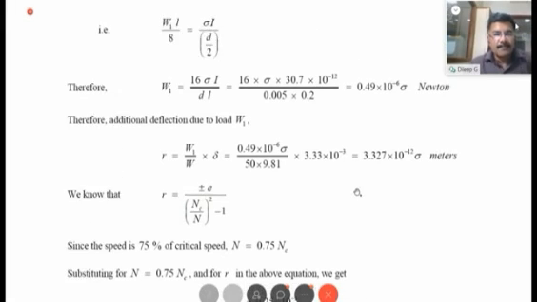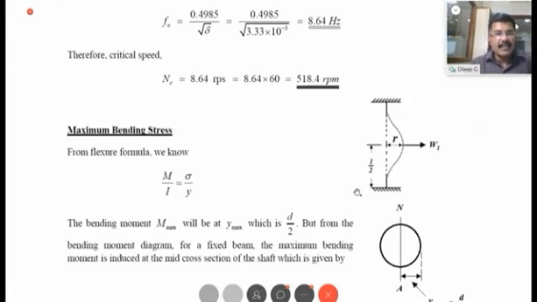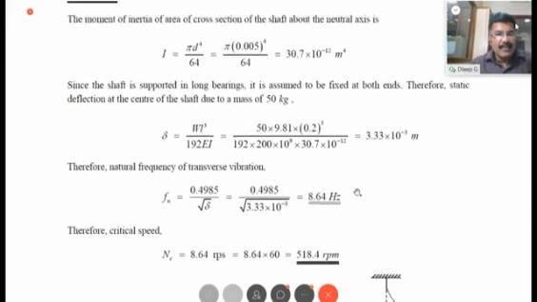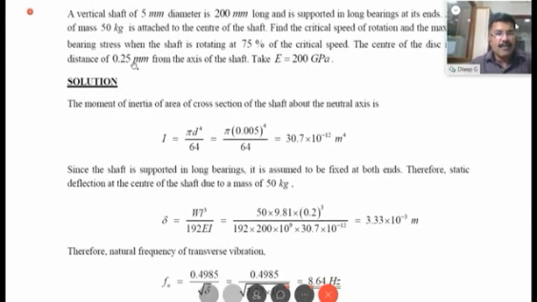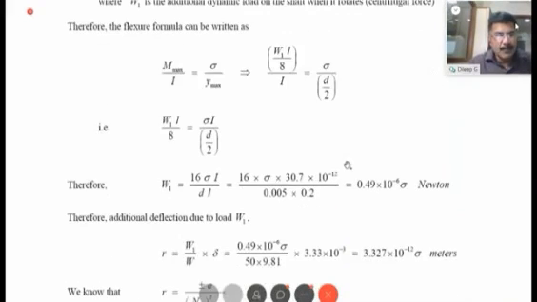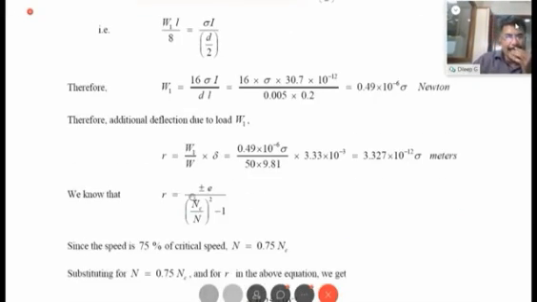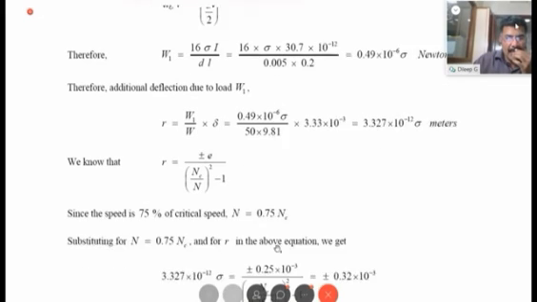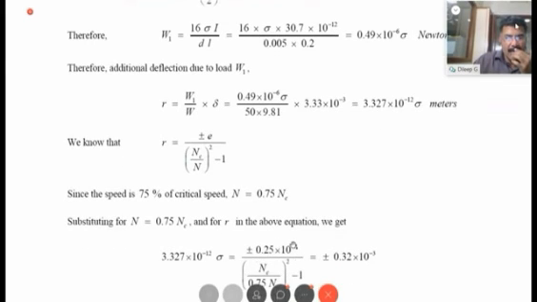E is given as the eccentricity. We are already given this in the problem. Eccentricity is 0.25 millimeter, or 0.25 into 10 raised to minus 3. Just substitute over there. You will be getting R equal to plus or minus, and R is nothing but 3.32 × 10⁻¹² sigma.